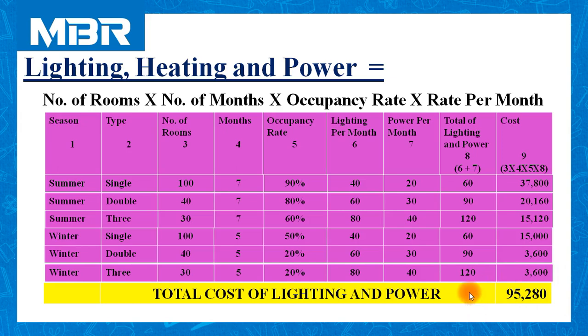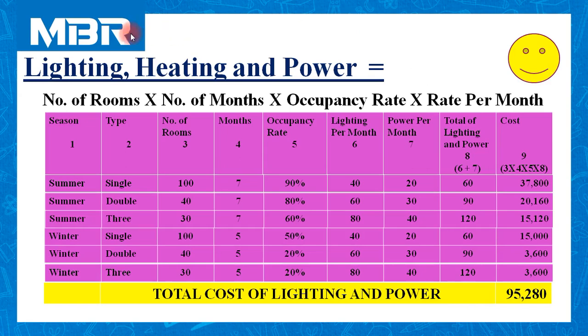Again, I repeat, you can calculate separate amount for lighting and a separate amount for power. Choice is yours. There is no difference in the final answer because of this combined calculation or separate calculation.